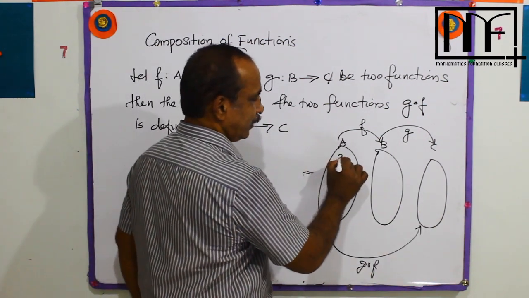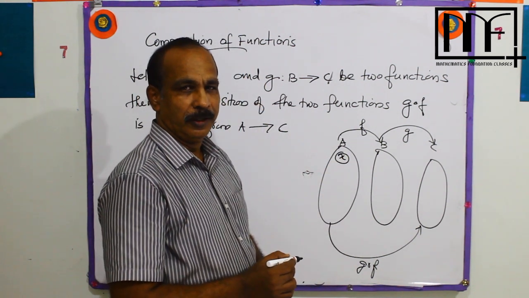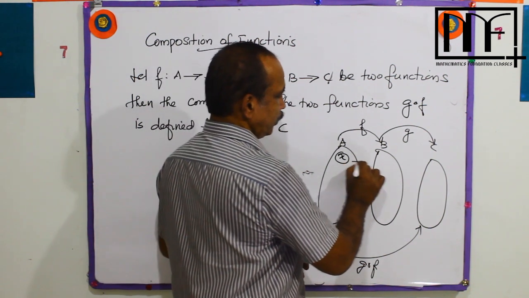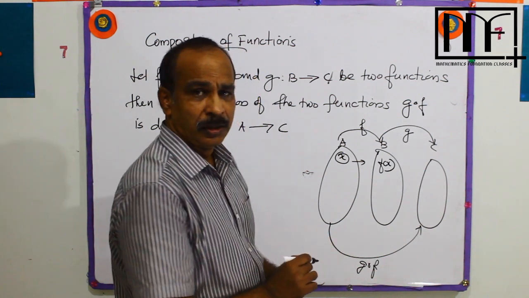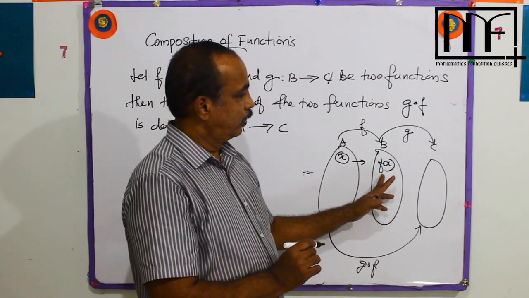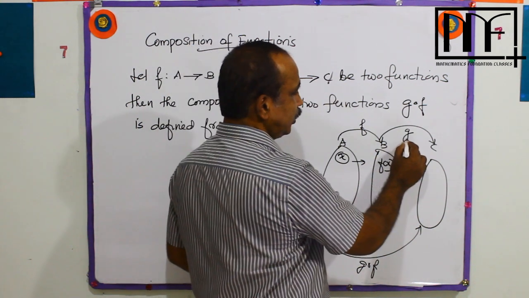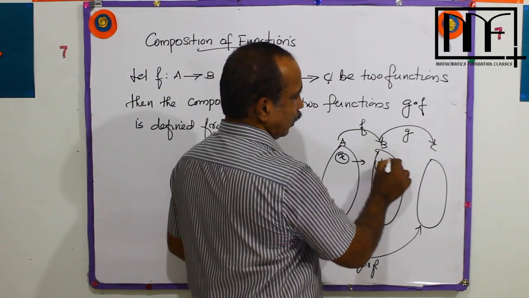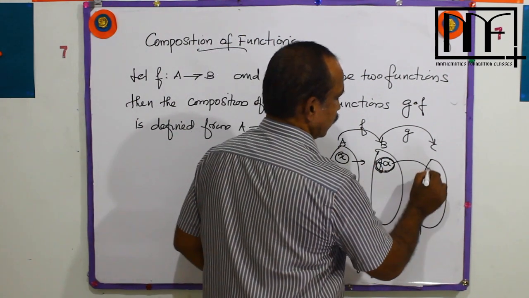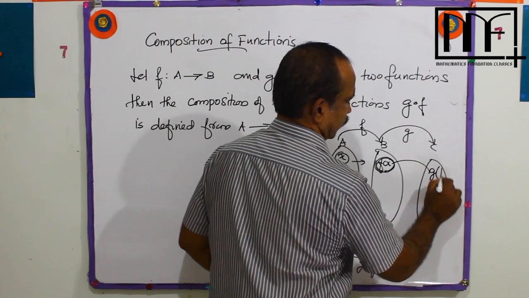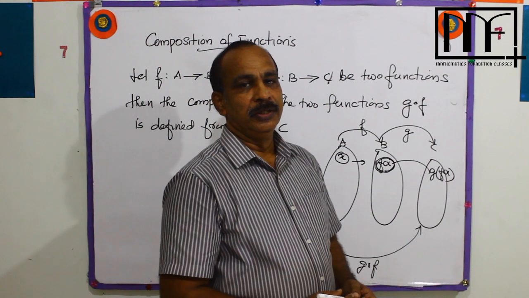Suppose x is an element in the domain of f and its image in the function f is f(x). So f(x) is in the range, whereas in the function g, its domain element is f(x) and the range is g(f(x)).